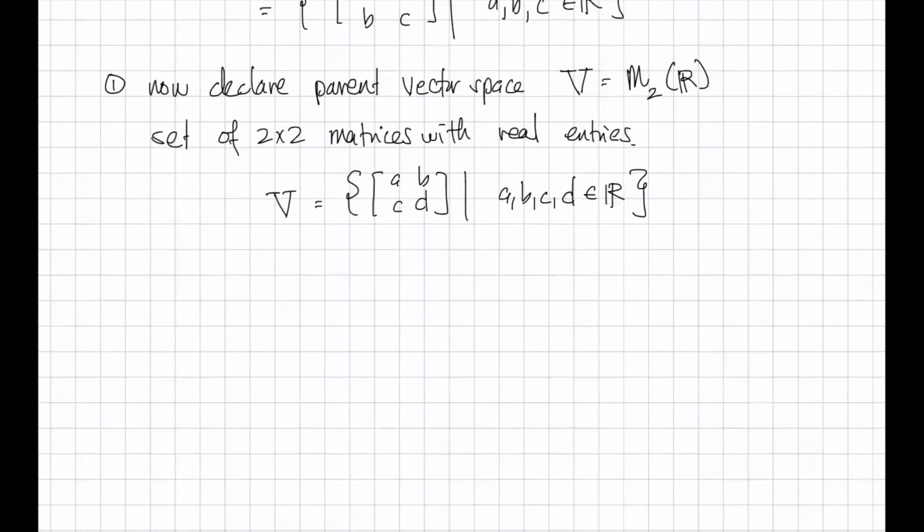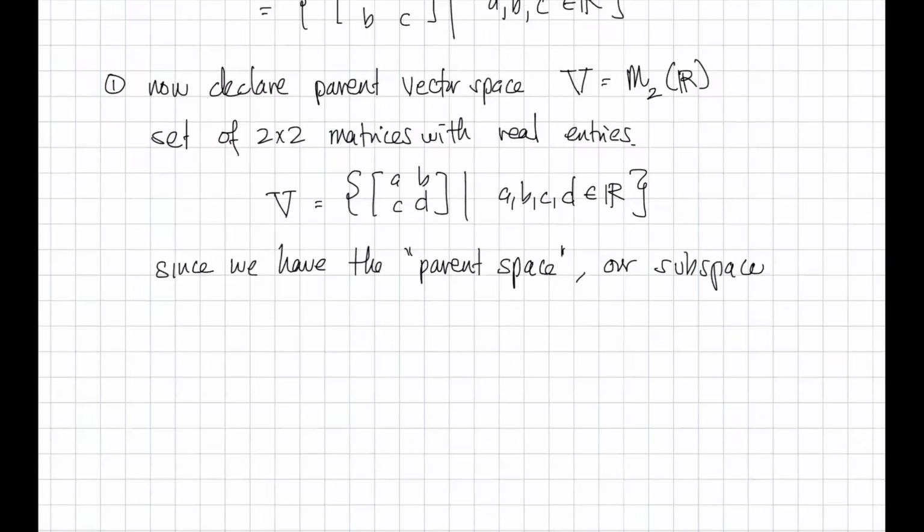Now, since we have the quote-unquote parent space, our subspace S inherits the algebra of the parent space V. So I don't have to show things like distribution.